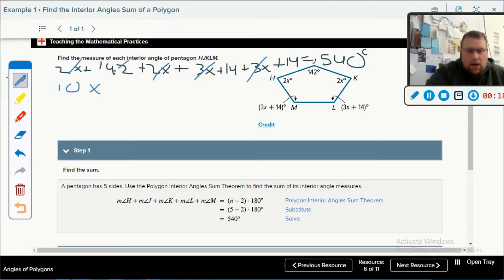And then 142 plus 14 is 156 plus 14 is 170, plus 170 equals 540 degrees. Let's do this. Subtract 170 from both sides.